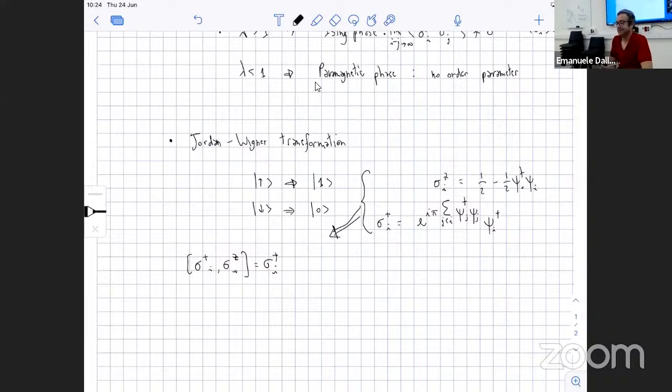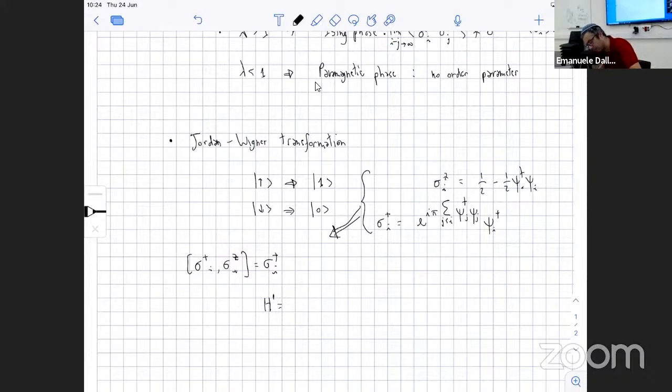However, there is something very important, which is that when you apply this Jordan-Wigner transformation to the spin model, you actually obtain... Let me consider the following Ising Hamiltonian.